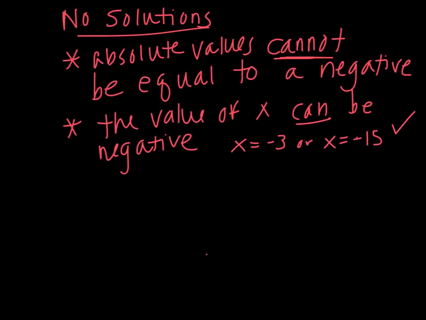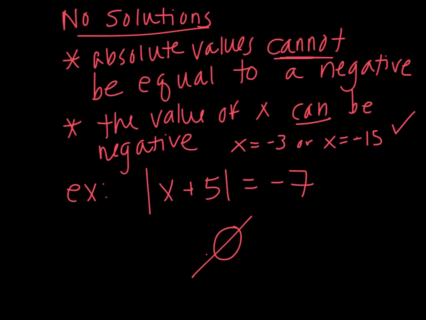That was totally fine because when I plugged in those numbers, it became the absolute value of them. What is not allowed is if I have the absolute value of x plus 5 equal to negative 7. There's no number I could plug in for x to give me negative 7, because when I take the absolute value of any number, it's always going to be positive. It'll never be a negative. So this is not possible.